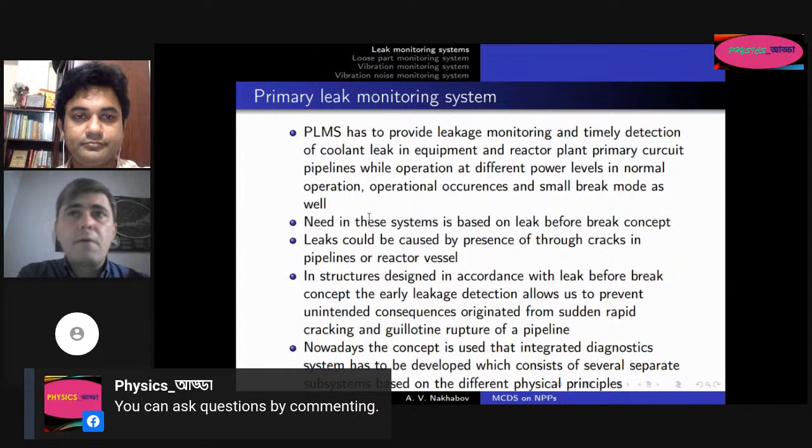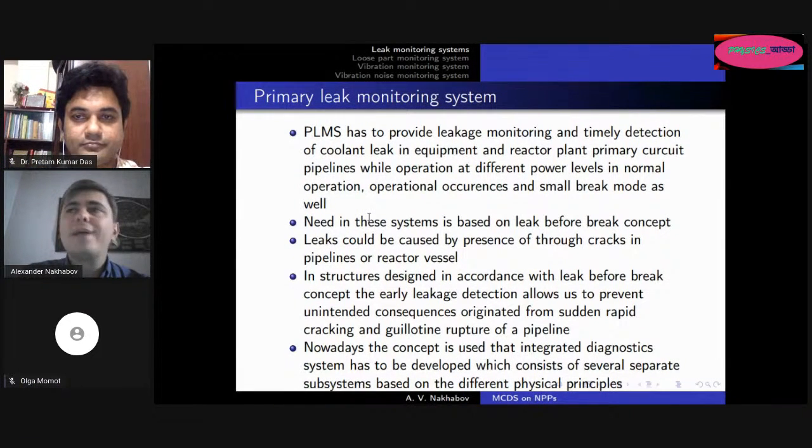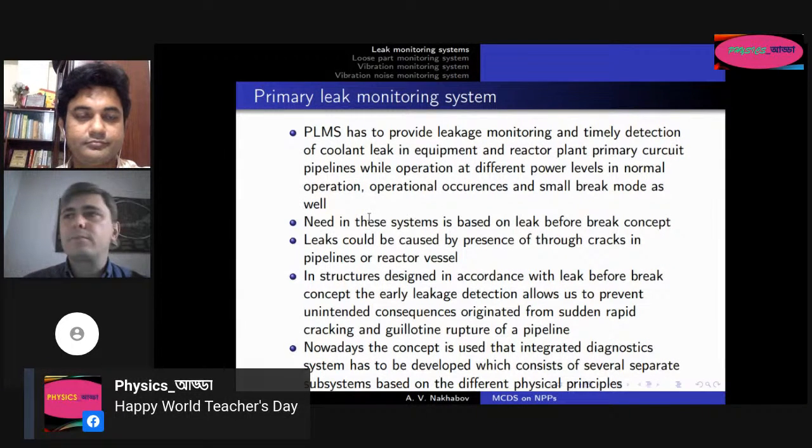But of course, possible leakage from the primary circuit, for example, is much more dangerous than leakages from some secondary systems, not only from the secondary circuit, but maybe from some technical pipelines and so on. Of course, it's not a good event anyway, but first of all, we are concerned with primary leak monitoring.